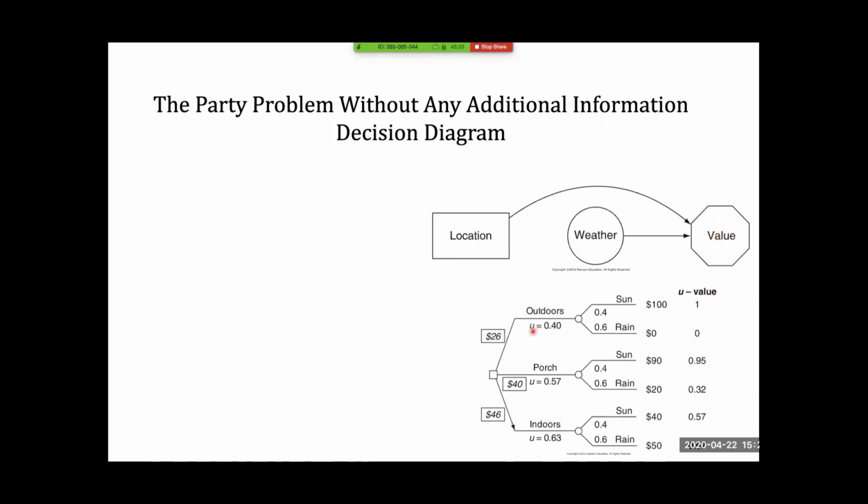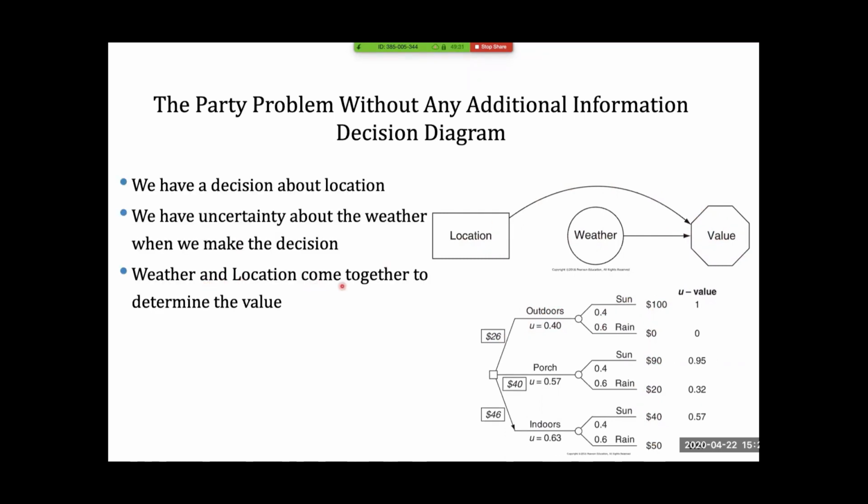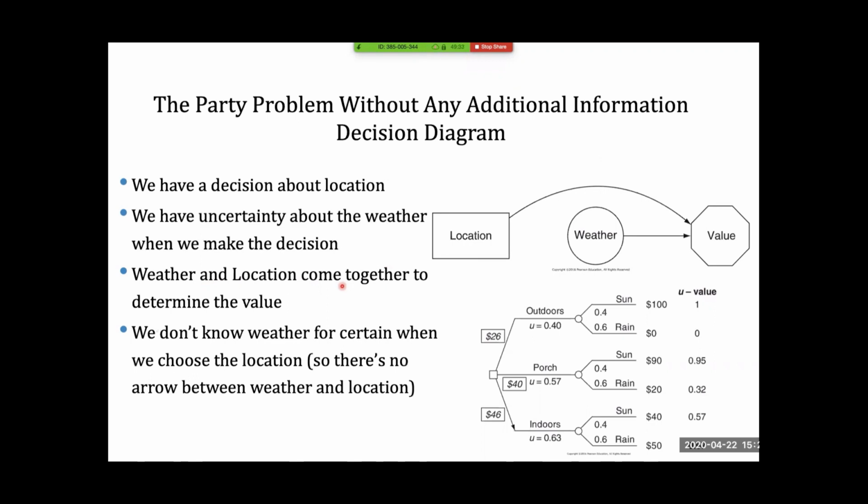So here, as you can see, the value that a party gives to Kim is a function of both where it is and what kind of weather it has. That's why we're using two arrows to connect the location and weather to the value function, for weather and location to come together to determine the value.